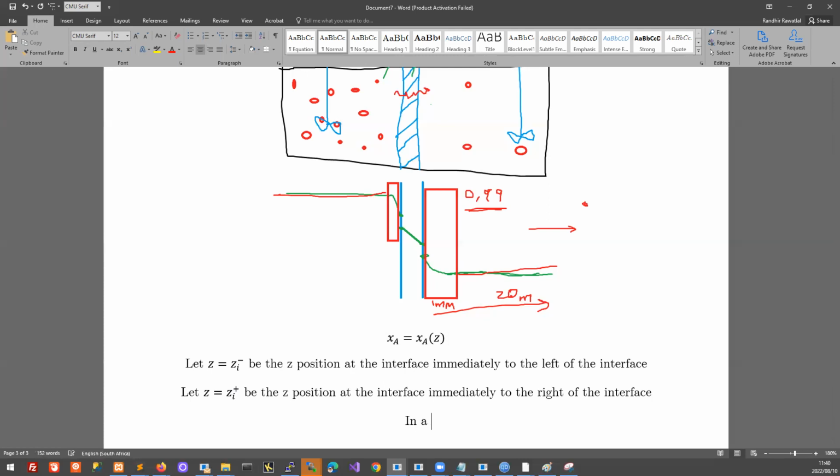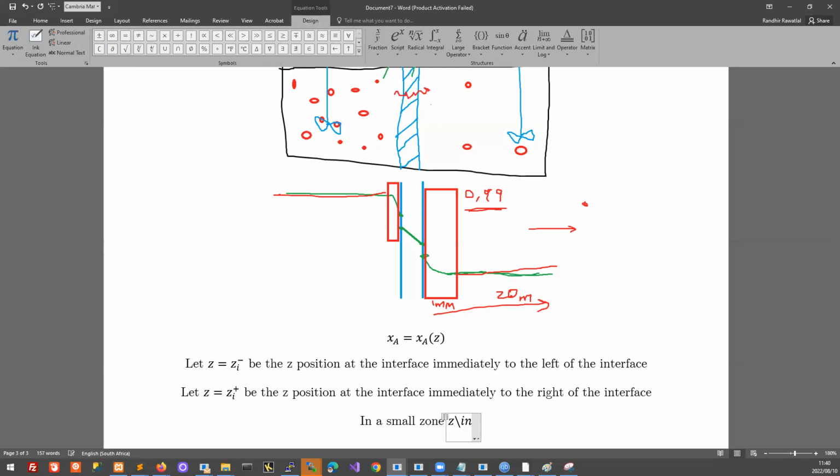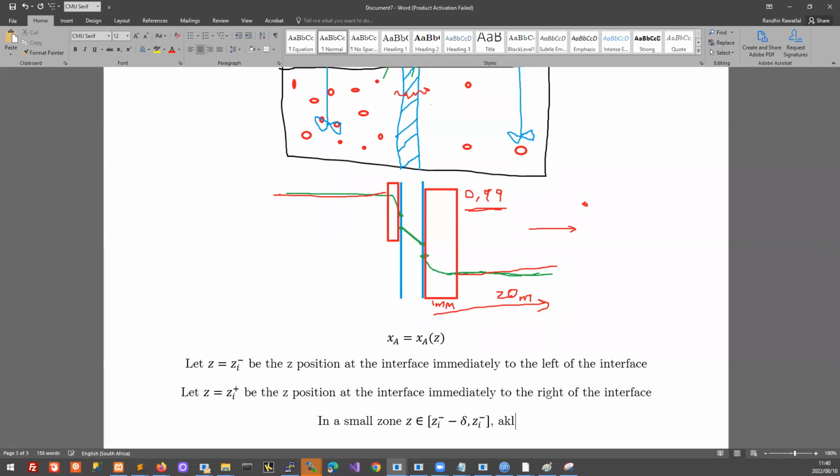Then we can say in a small zone, Z in the range of Z_I plus minus delta, lowercase delta, and Z_I minus, all the variations in concentration are represented.